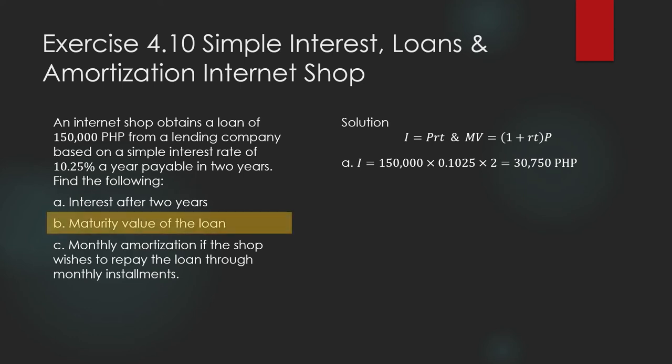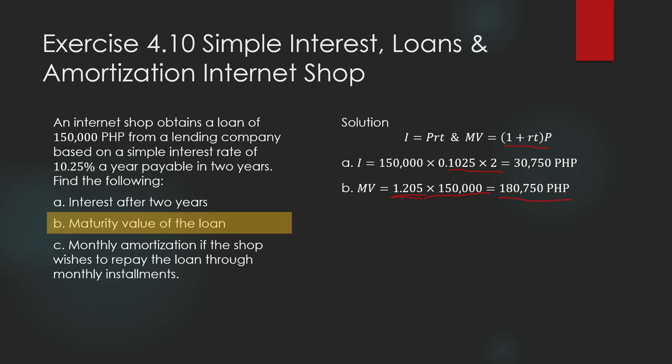What is the maturity value of the loan? It is equal to, so 1.205 is this one. It's 1 plus 0.1025 times 2. So the maturity value of the loan is equal to 1.205 times the principal. And the product is 180,750 pesos.